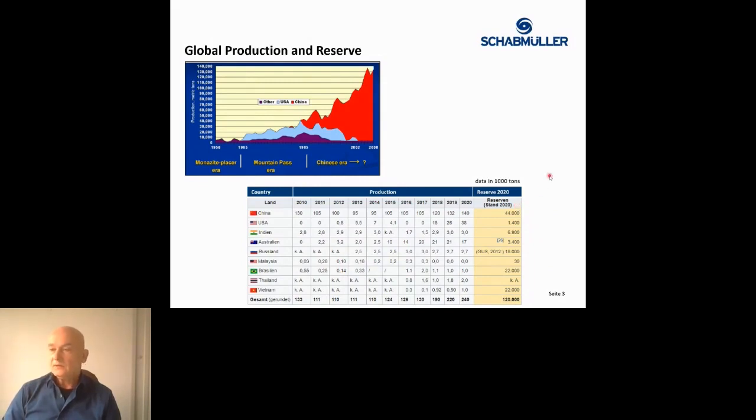So this might open up the picture, showing that the production is pretty much concentrated in one area, and that there are reserves available. The name as such, rare earth, doesn't really mean that the material is rare. It's spread out all over the world, but it's very difficult to mine and to process.